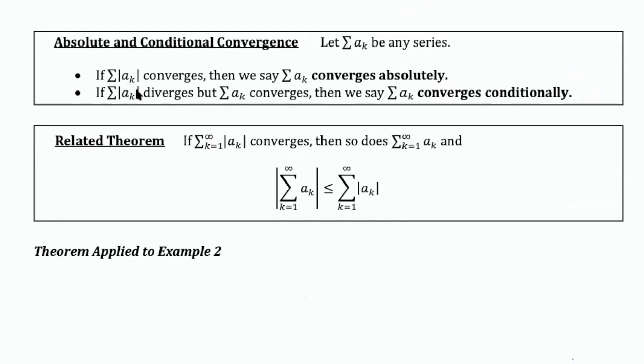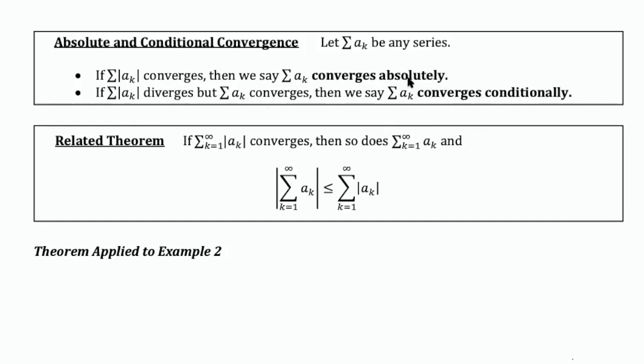If you have a series based on a sub k, and the series where you take the absolute value of those terms converges, then we say the original series converges absolutely. If it turns out you take the absolute value of the terms and that series diverges, but your original series does in fact converge, then we say that the original series converges conditionally.